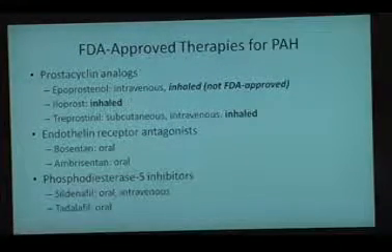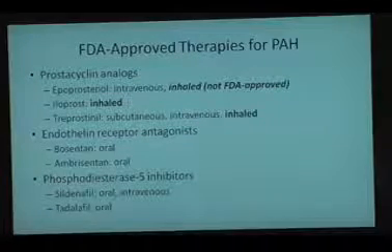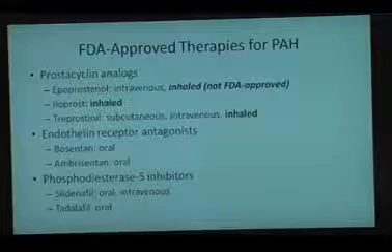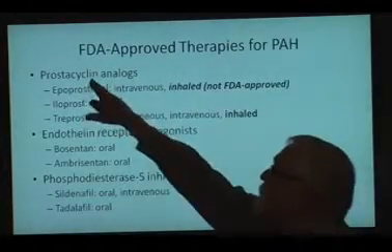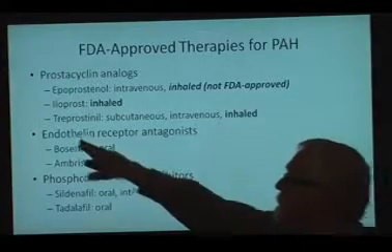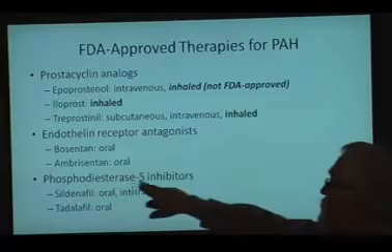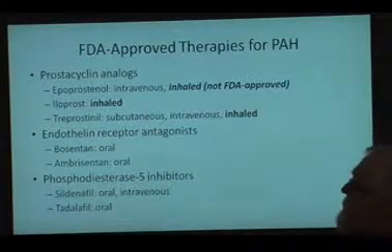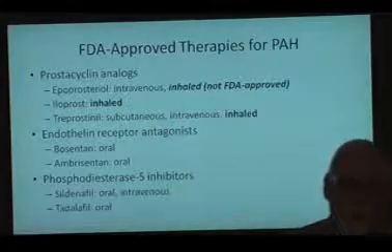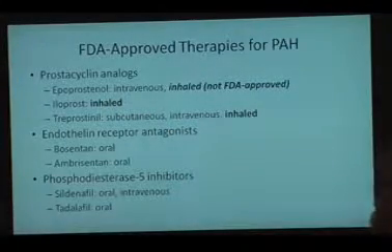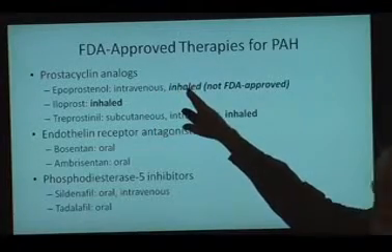So then what drugs are out there that are used to treat pulmonary arterial hypertension? This kind of gets back to what we were talking about before. There are prostacyclin analogs, endothelin receptor antagonists, and phosphodiesterase 5 inhibitors. The prostacyclin analogs are things like epoprostenol, that's Flolan, Veletri, which is usually administered intravenously, and can be administered by inhalation.